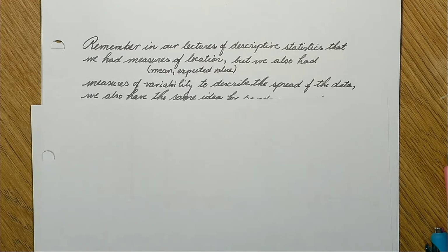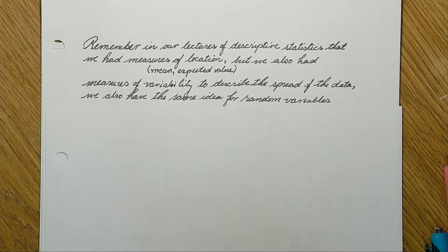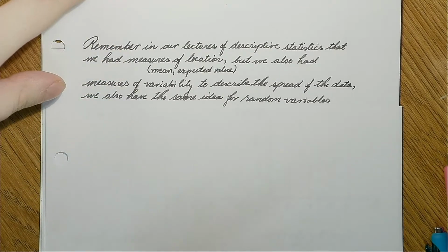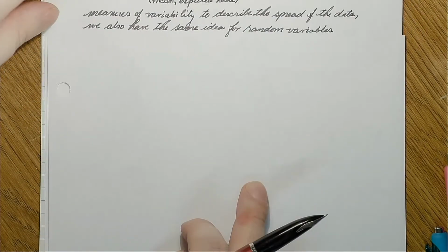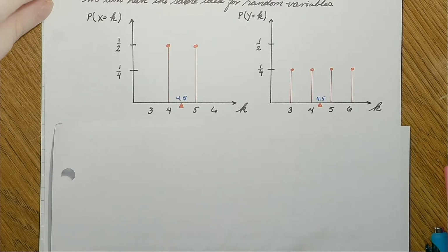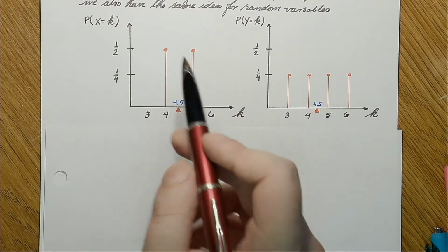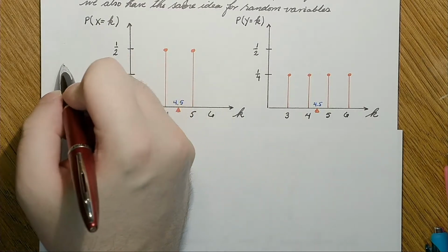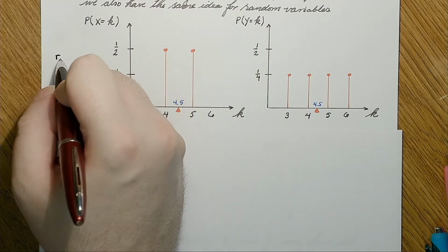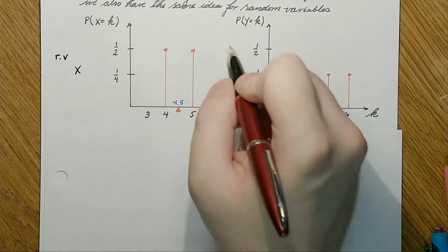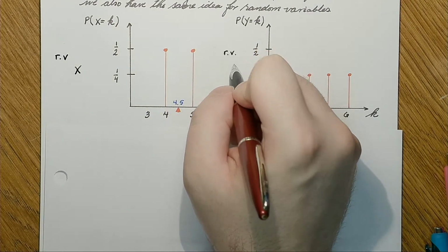But we also had measures of variability to describe how much the data is spread. The same idea applies for random variables. So here are the graphs of two random variables. Over here is the random variable x, and over here I have the random variable y.